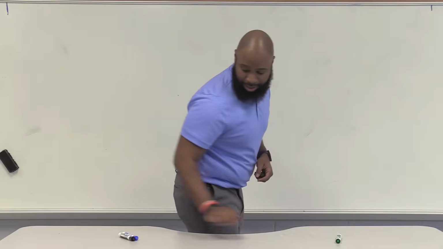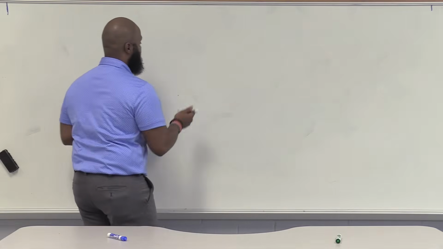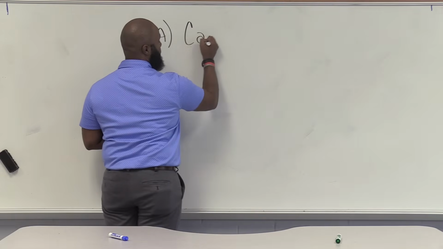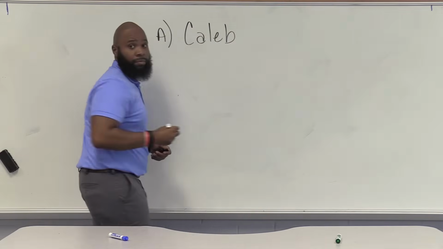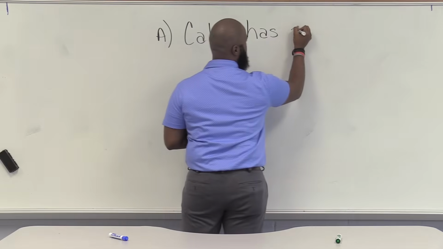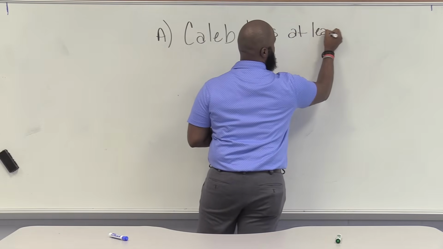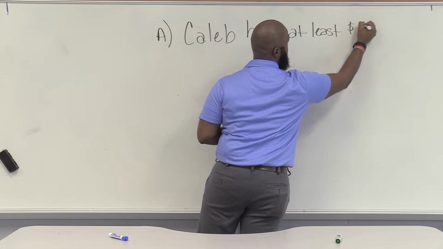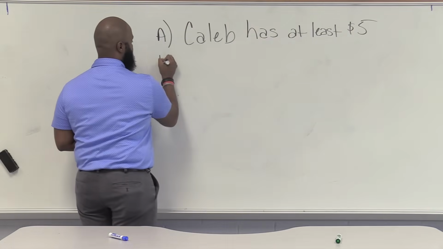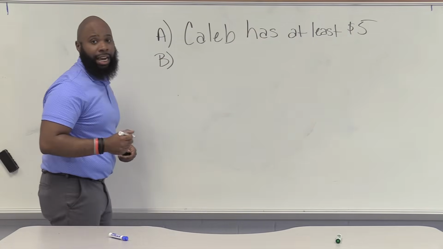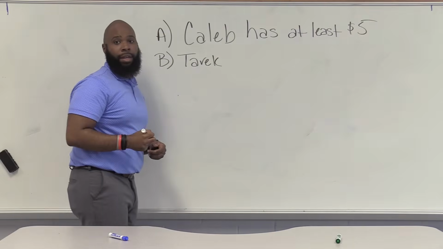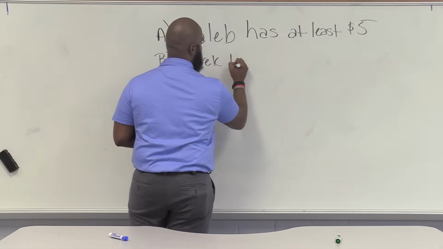So, here are our statements. Our first statement, Caleb has at least $5. That's our first statement. Our second one, Tarek has more than $5.